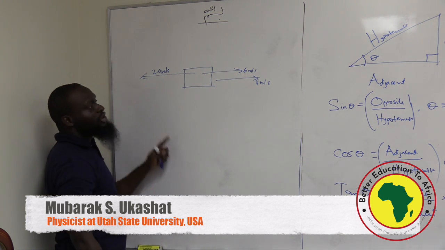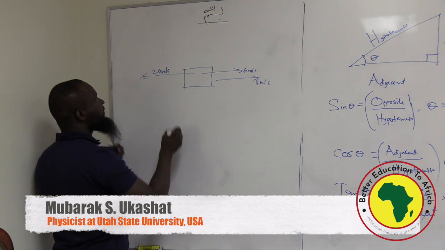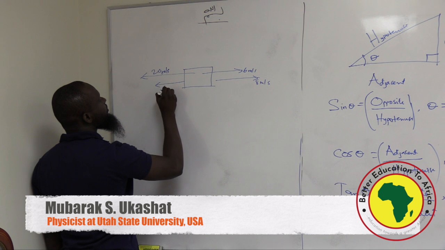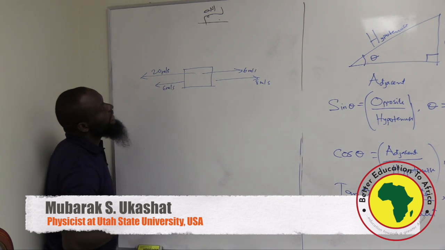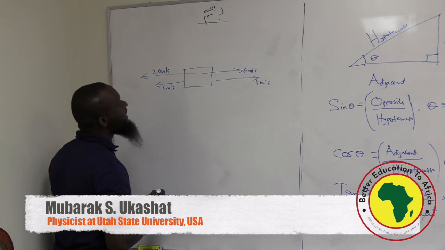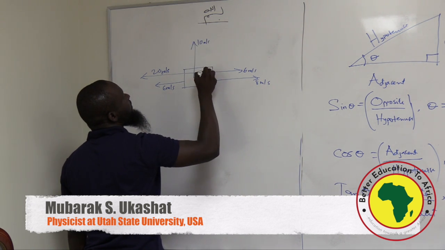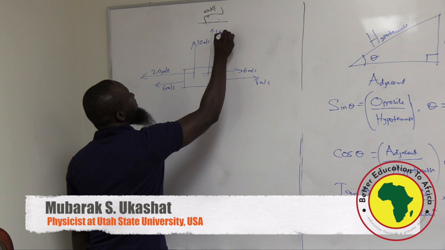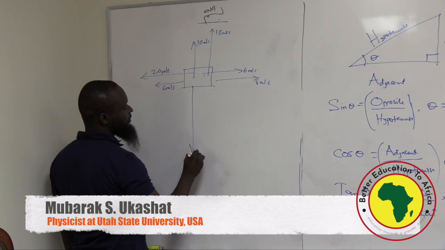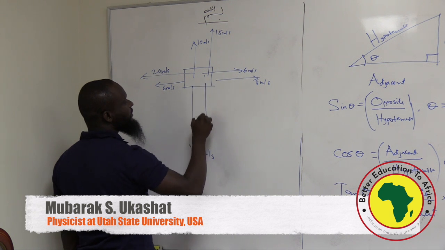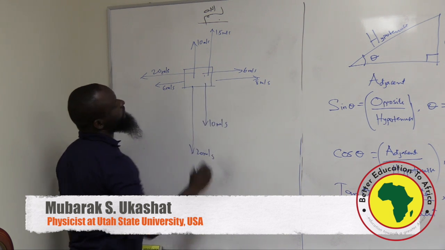So here I have 20 meters per second, and then here I have 6 meters per second, okay? Then here I have, say, 10 meters per second. Here I have, say, 15 meters per second. Here I have, say, 20 meters per second. And here I have, say, 10 meters per second.